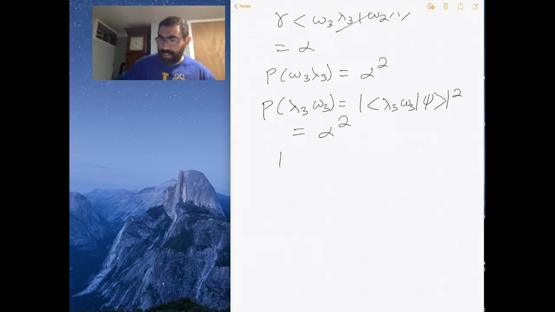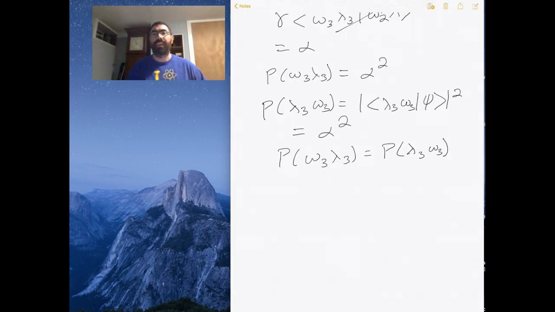So in this case, it doesn't matter the order in which we calculate the probability. We can measure omega first, followed by a measurement of lambda, or we can measure lambda first and then make a measurement of omega, and in the end we would get the exact same answer. We would just be taking a slightly different path to get there.